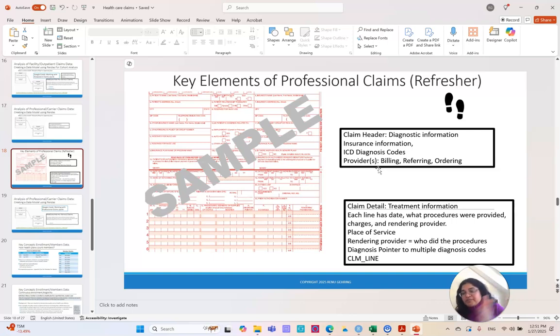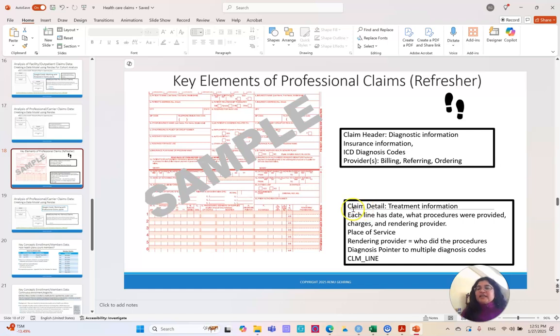Who referred this provider? Among professional doctors, you may be referred to a specialist by your primary care. Then, who's the ordering provider? If there's a procedure listed in your claim, who ordered the procedure? All that is in your header information.